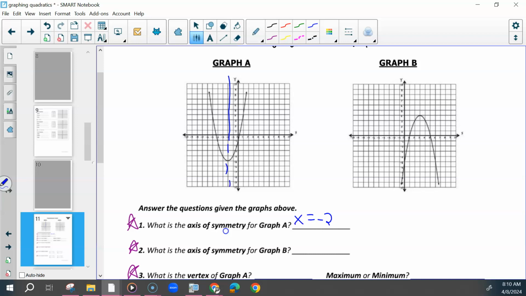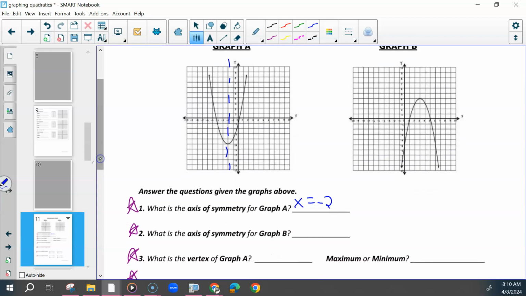It's a really big dashed line. x equals 3. What is the vertex of graph A? So your vertex is your lowest or highest point, and it falls on the axis of symmetry. Say that again. -2, -5 for graph A.